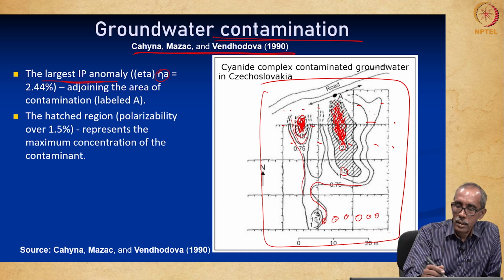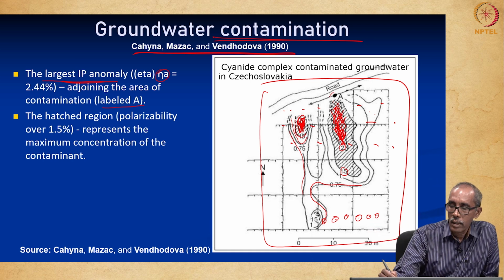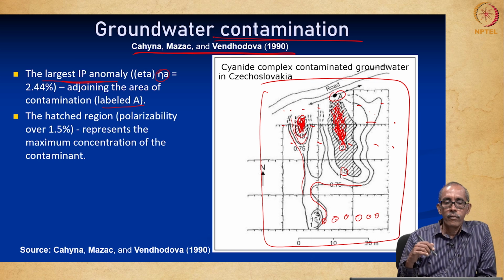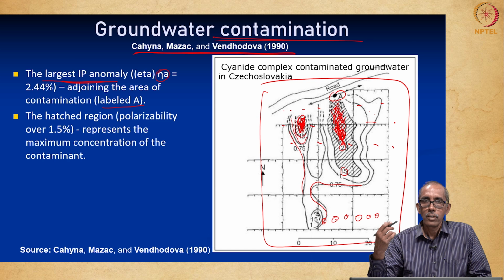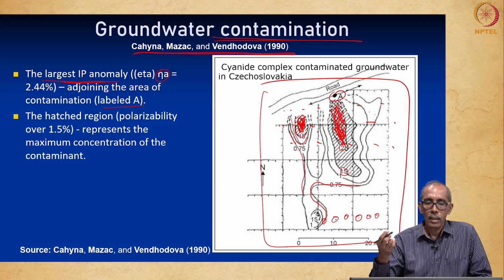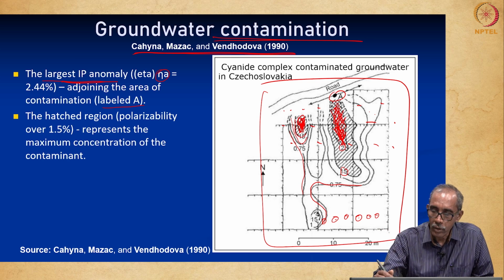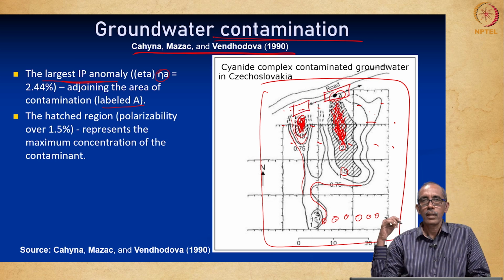This region is near A, and this particular region has a very high IP anomaly. That means this region is very close to the location of contamination. Probably these are the locations of contamination, right.